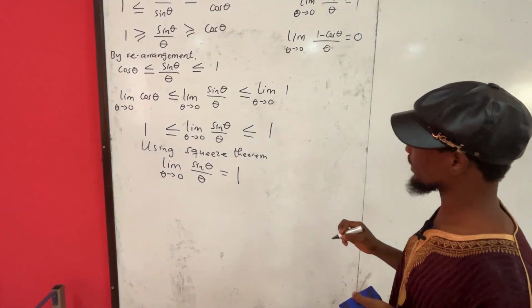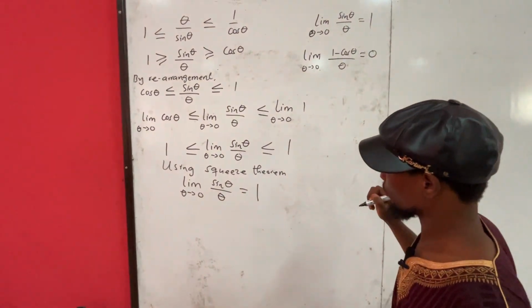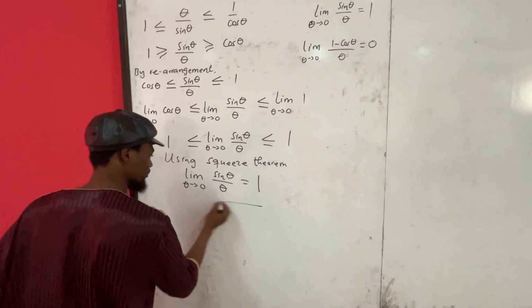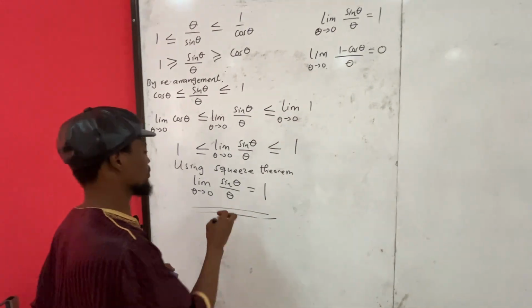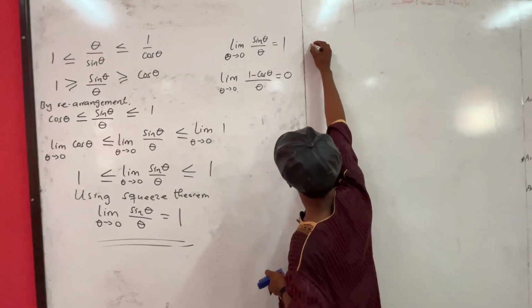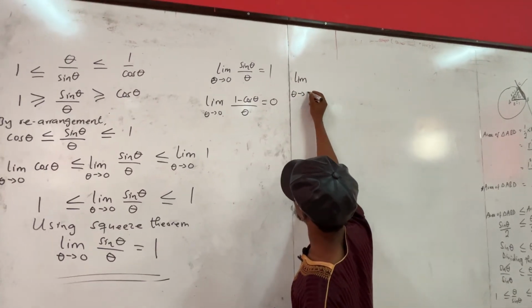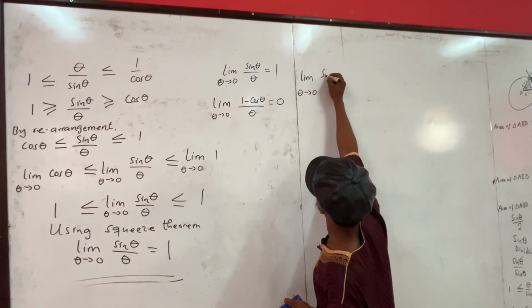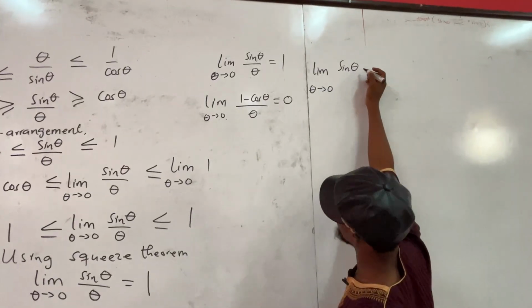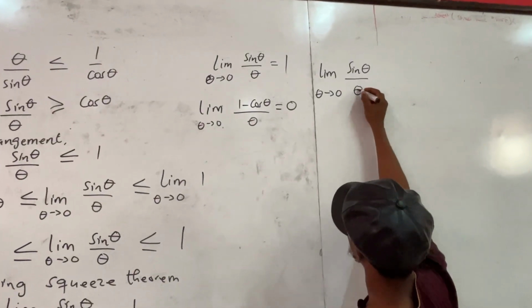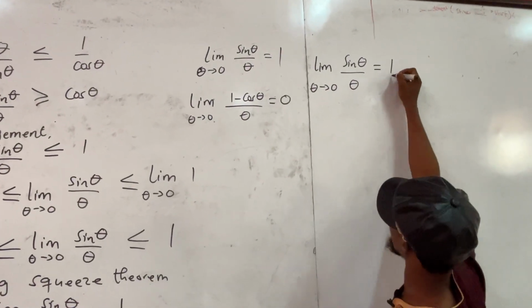So viewers, doing that, we have this. You already know that the limit as theta approaches 0 of sine theta over theta equals 1.